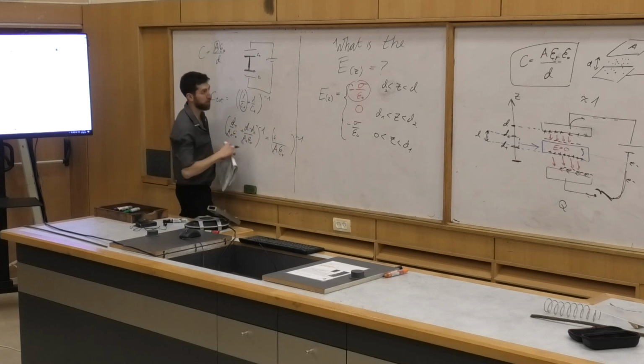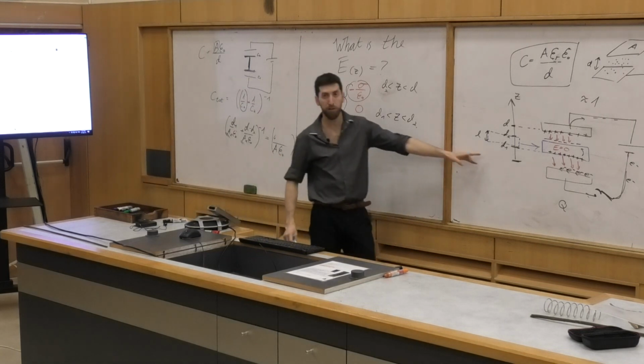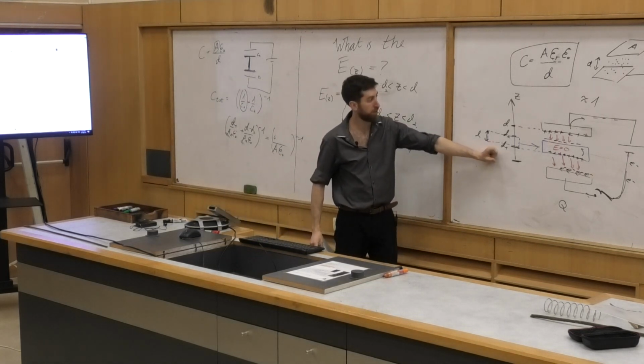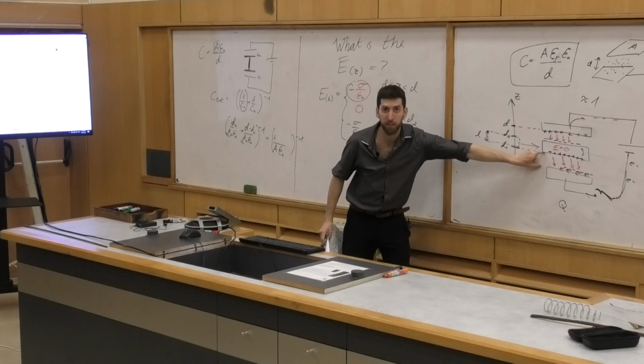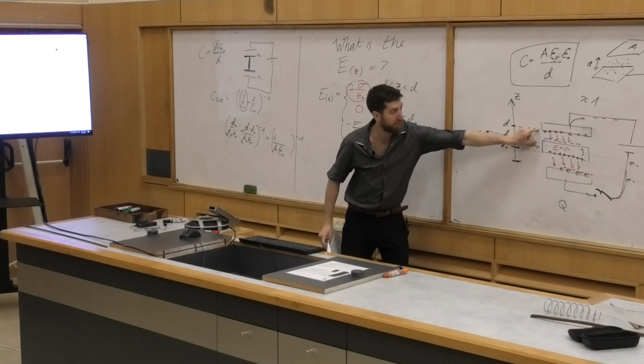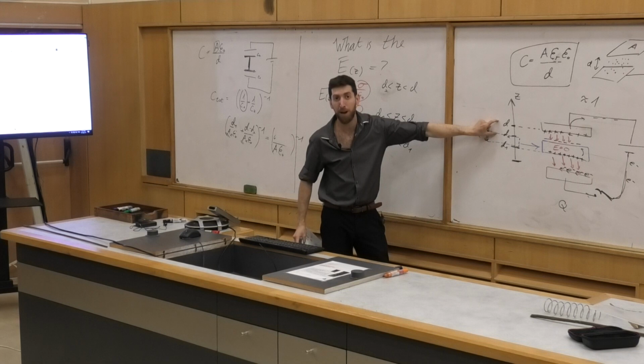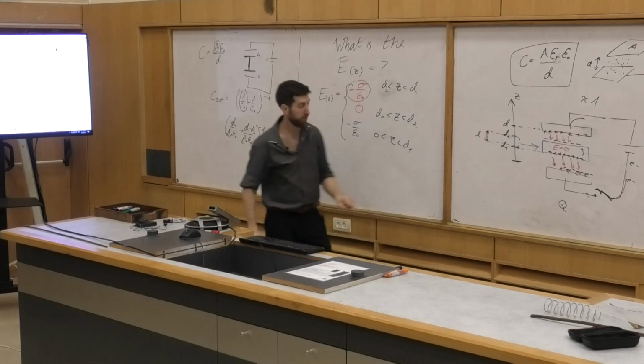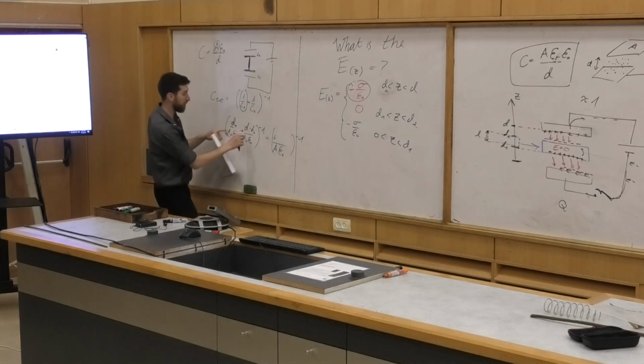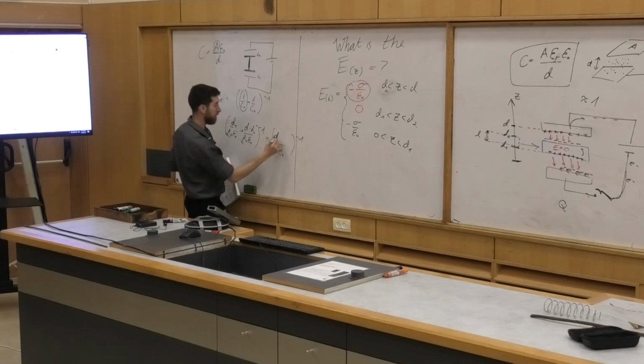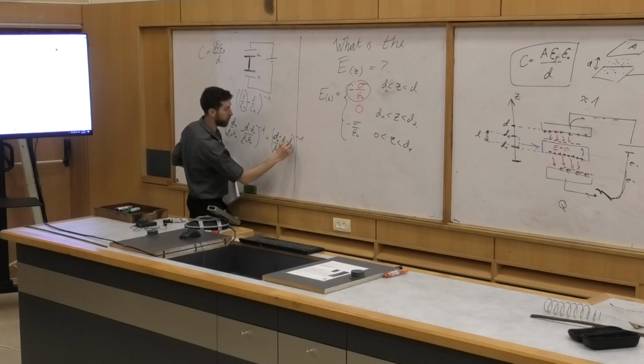You see it? I'm going to go here to the board. Cameraman, can you see us? This is the distance of these two, and this is the distance of these two, which means D minus D2. So what we have here is D1 plus D minus D2.